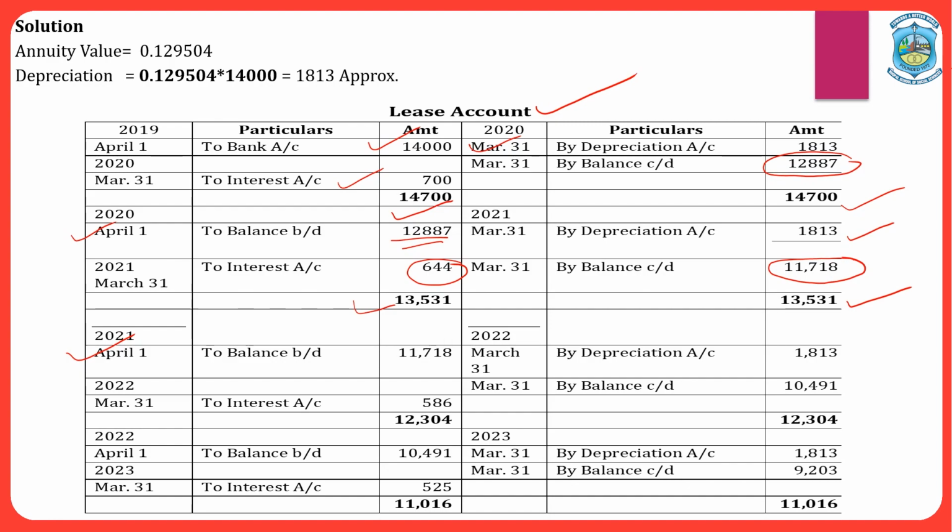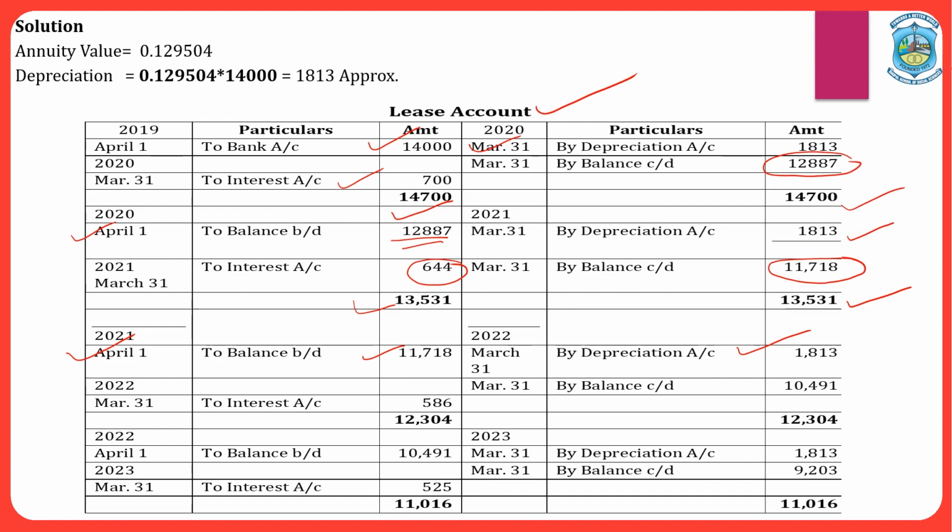On 1st April 2021, we need to record the opening balance 11,718 in the debit side. 31st March 2021, we need to charge depreciation. As I said, depreciation is always shown in the credit side of the asset account. So, by depreciation, the amount of depreciation is 1813. As we discussed, the amount of depreciation remains the same for all years.